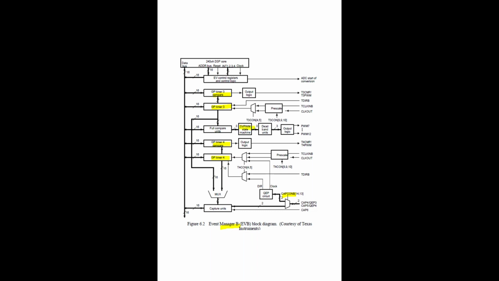What does this space vector PWM state machine mean? If you want to generate space vector PWM, it is a special PWM which you can study in the power electronics subject. That special kind of PWM is totally different from normal PWM 1 to PWM 6.